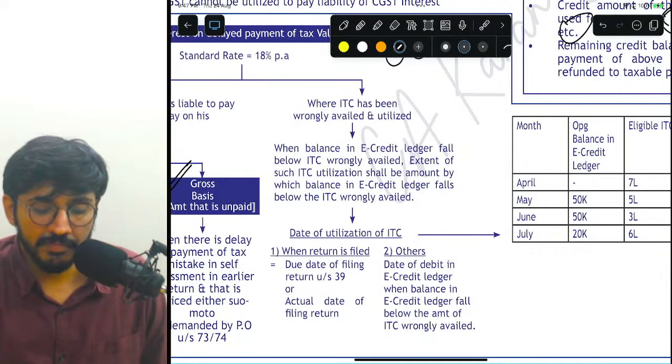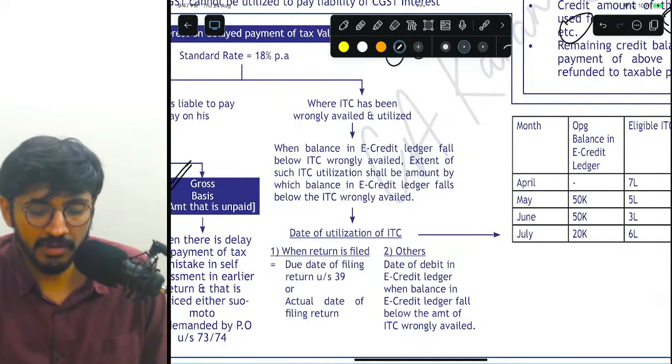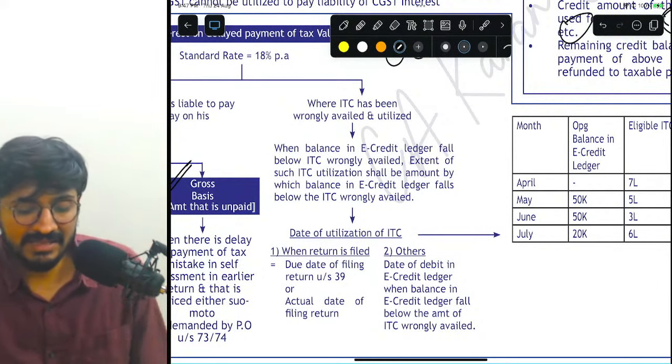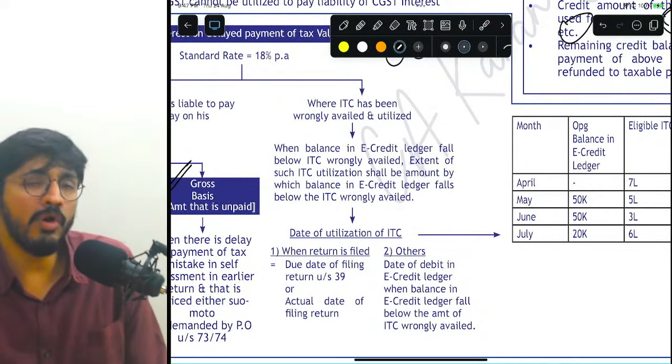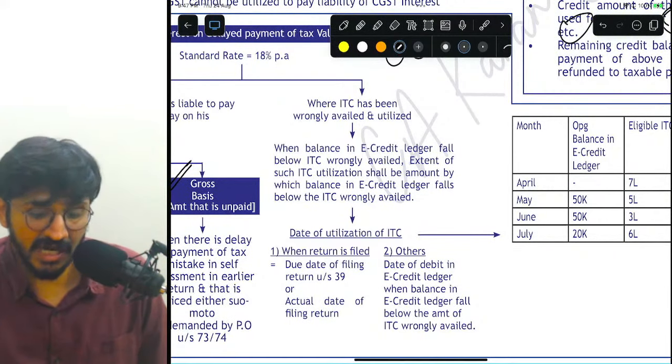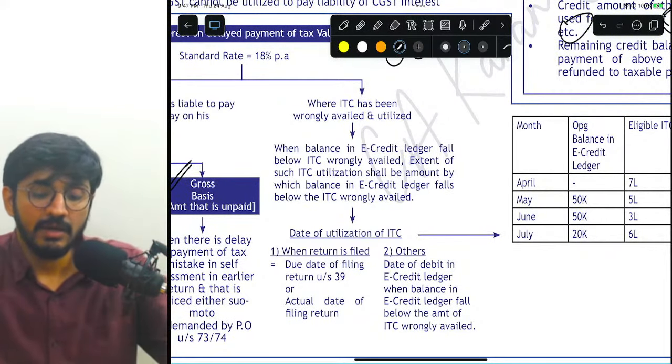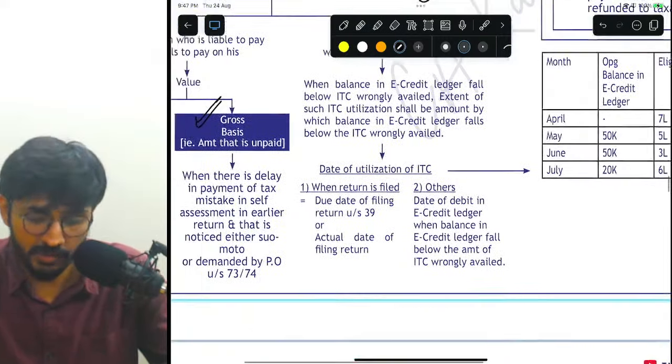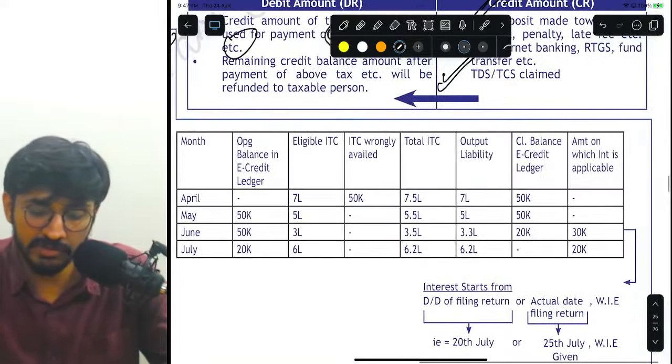Listen, when the balance in the e-credit ledger falls below the ITC wrongly availed balance, only the extent of such ITC utilization will be subject to interest. Let's understand what it's trying to say.